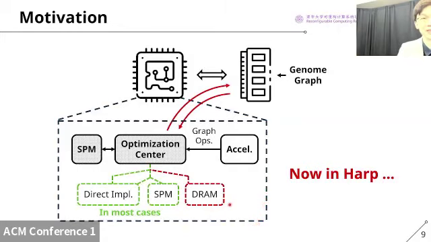Yeah. Thank you. John Demi, Microsoft. Have you looked into mapping this to an FPGA? How well does this map to an FPGA? We didn't test it on an FPGA, but I think it's okay.